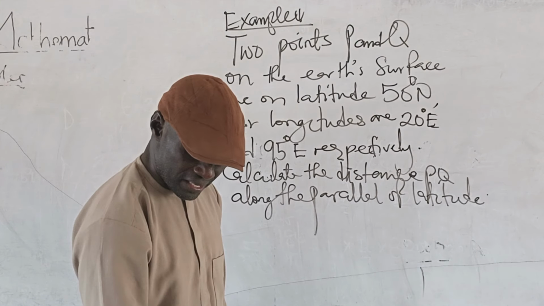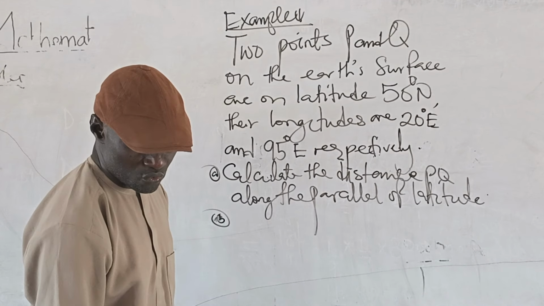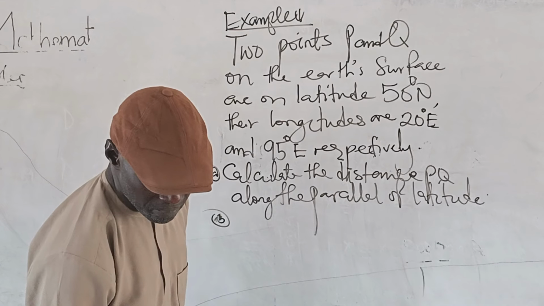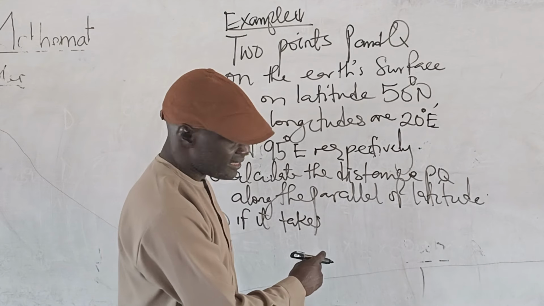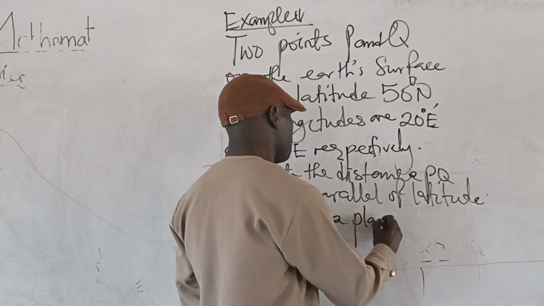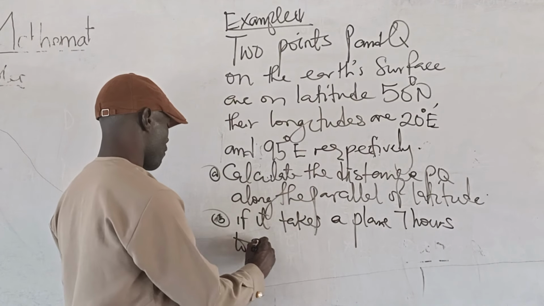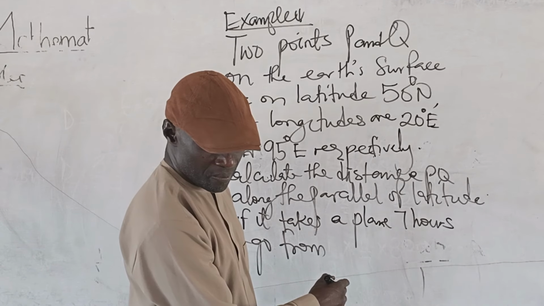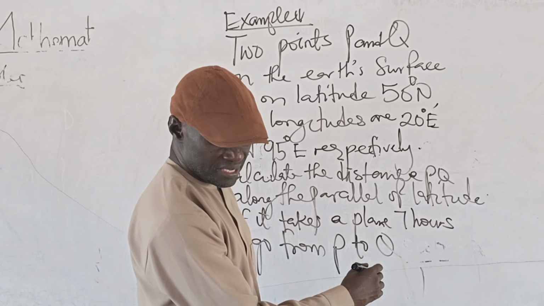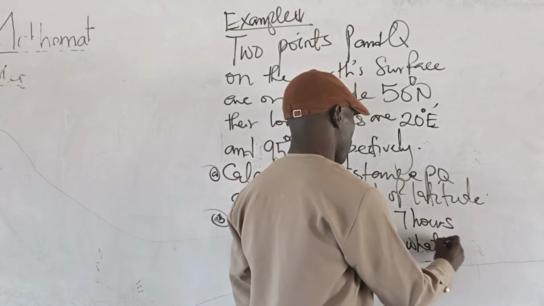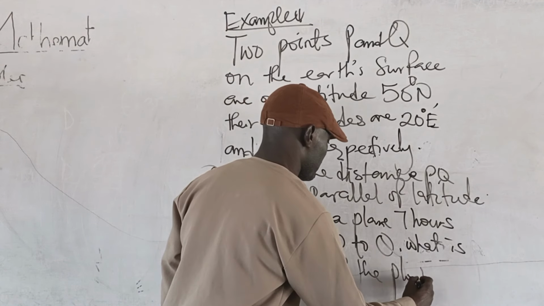That's question number A. Question number B says, if it takes a plane 7 hours to go from P to Q, what is the speed of the plane? What is the speed of the plane?